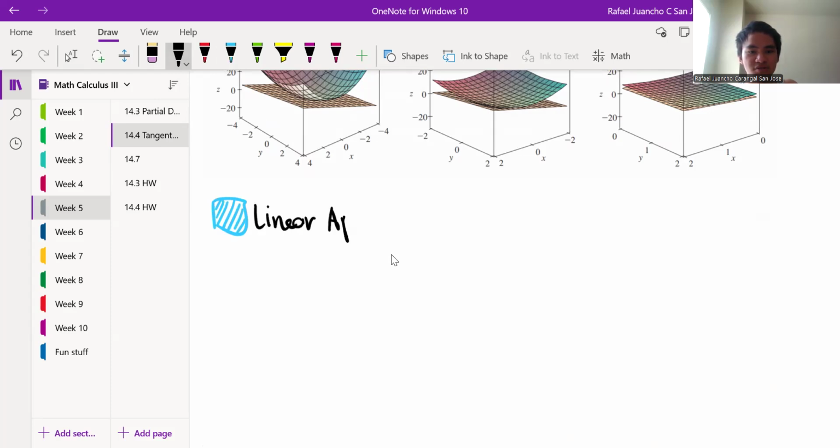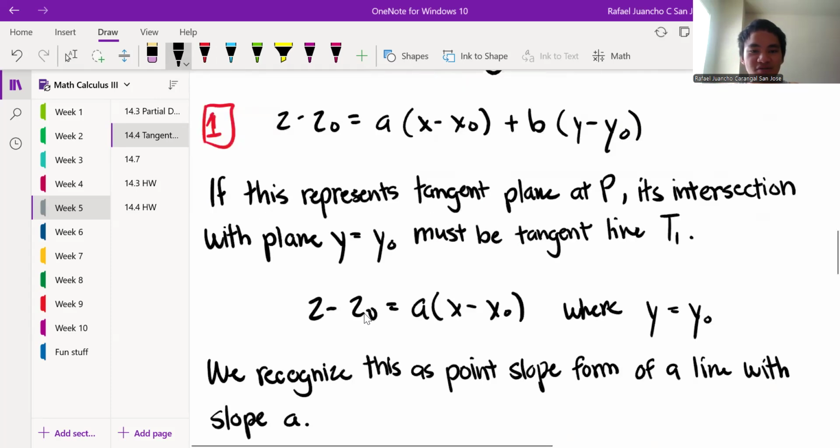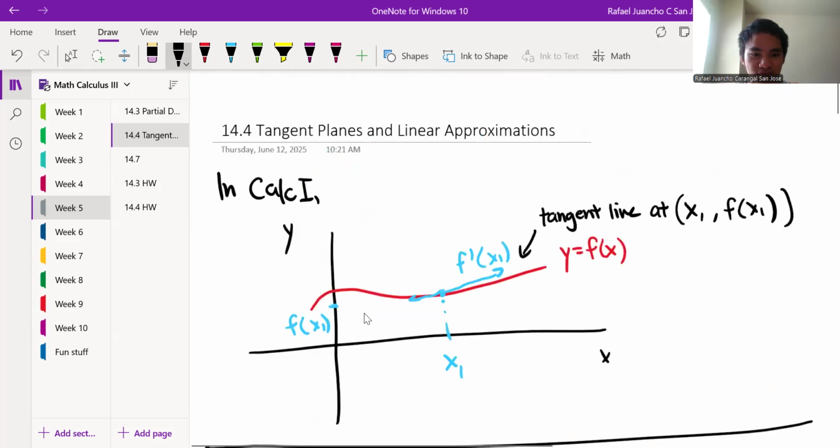So linear approximations. What does this mean? It means approximating a line, obviously. If we look at our previous example, in example one, we found an equation of the tangent plane to the graph of a function.